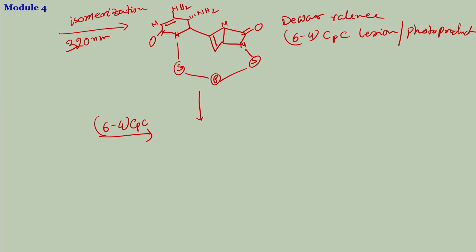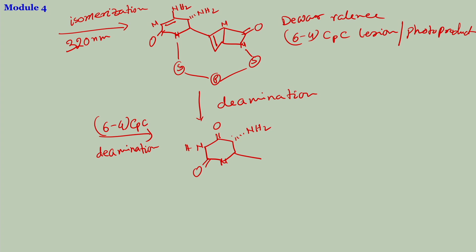in this position can undergo rapid deamination, as we have seen before. And that will produce ultimately one uracil kind of thing. Of course, this can also undergo it, but this is to some extent stable because there is no double bond attached to it.